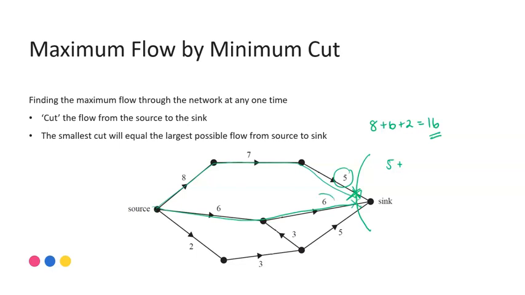I get stopped on an edge that has a weight of 6. And also I can get all the way along and I get stopped here on an edge that has a weight of 5. So again, I have a value there of that cut of 16. So I'm stopping 16 people from getting out.